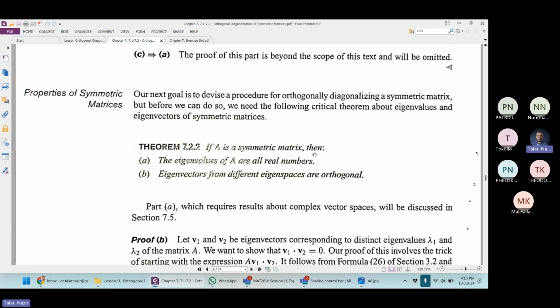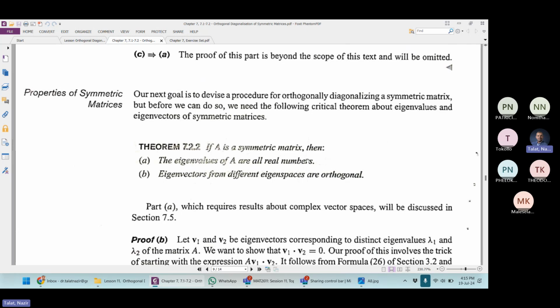If A is a symmetric matrix, then the eigenvalues of A are always real numbers. Every symmetric matrix has eigenvalues that will always be real, they will never be complex. And moreover, the eigenvectors from different eigenspaces are orthogonal. This is also a beautiful result regarding the symmetric matrix.